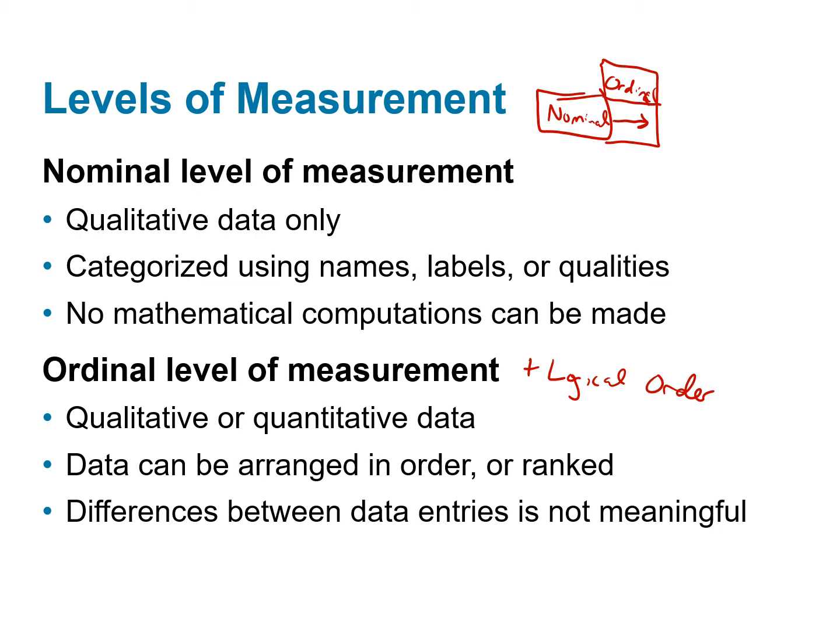Maybe one contestant dropped the plate they were spinning, and that was the only thing that set them apart from the other contestant. Whereas there might have been a huge difference between the person in second place and third place. So differences are not meaningful. We don't know what's separating each of these items that we're ranking or ordering. So we have a logical order, but we don't have meaningful differences between our data entries.